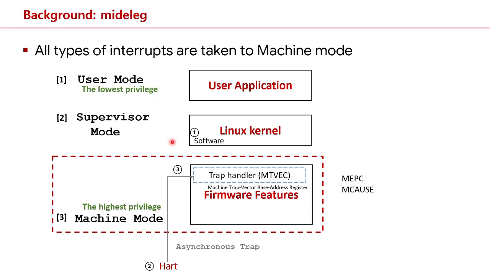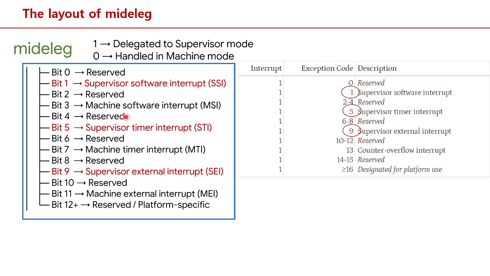Just like any type of exception, the interrupt is also handled in the supervisor mode in the Linux operating system. So all types of interrupts should be delegated to the supervisor mode instead of the machine mode. For this, we need to understand the layout of the machine interrupt delegation register.